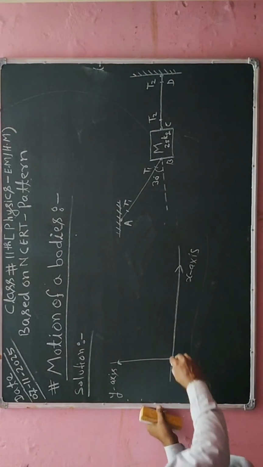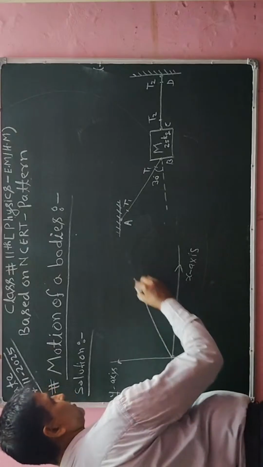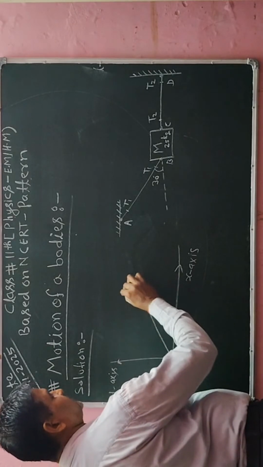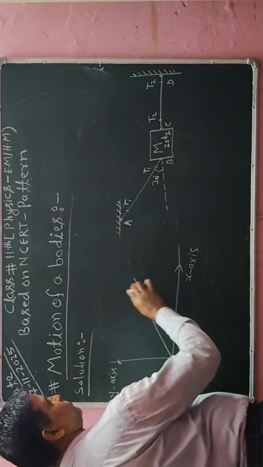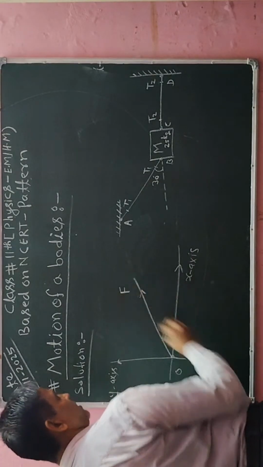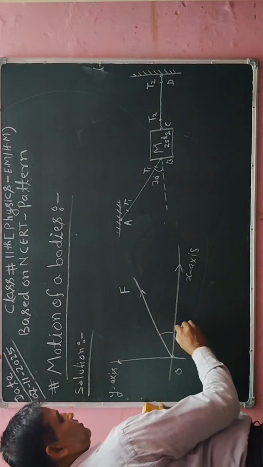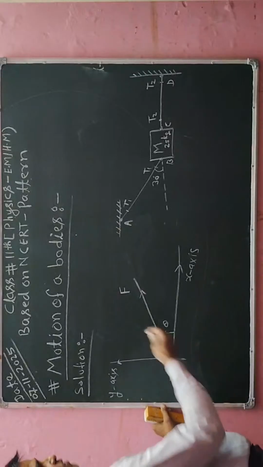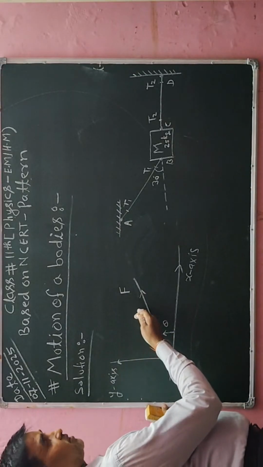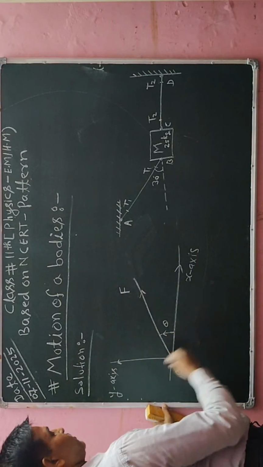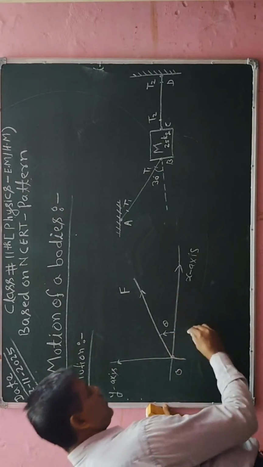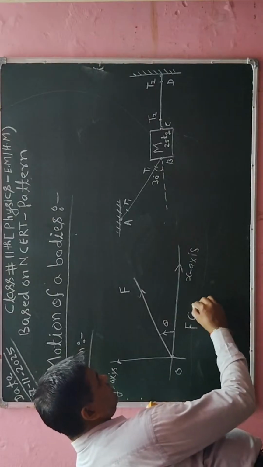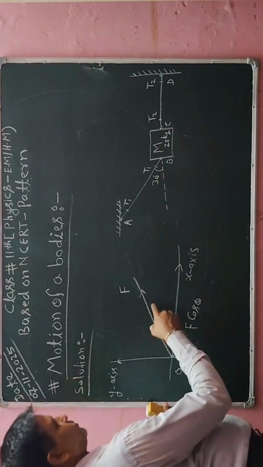If any force is existing in the first quadrant and its name is F, but it is inclined from the positive x-axis at angle theta, I have to resolve its component along x-axis and also along y-axis. So along x-axis I have to write its force component, that will be F cos theta.